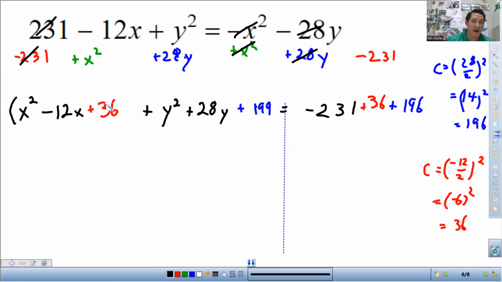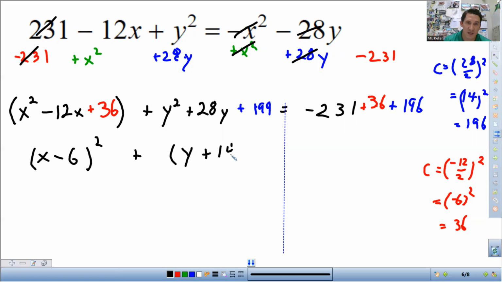So remember, I'm going to factor this trinomial here. That's going to factor as a perfect square. So it's going to be x, negative 12 divided by 2 is negative 6. So x minus 6 squared plus y, 28 divided by 2 is 14. So plus 14 squared is equal to, I don't feel like doing that in my head, I can.